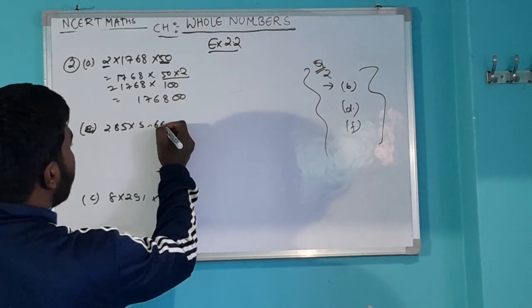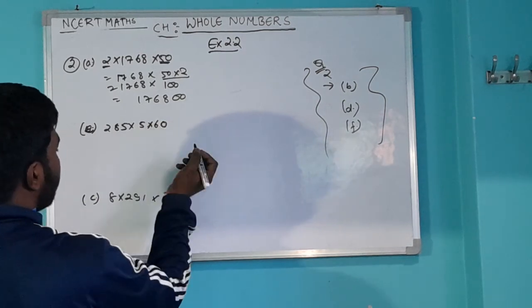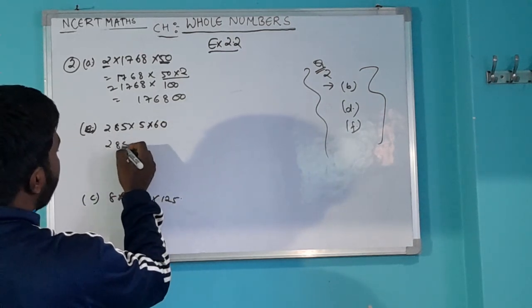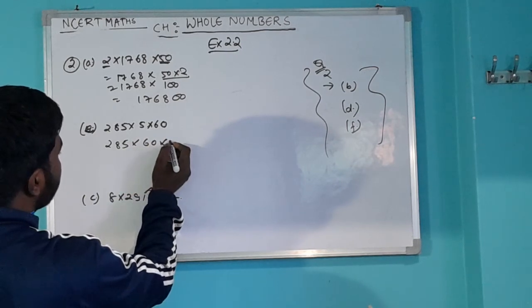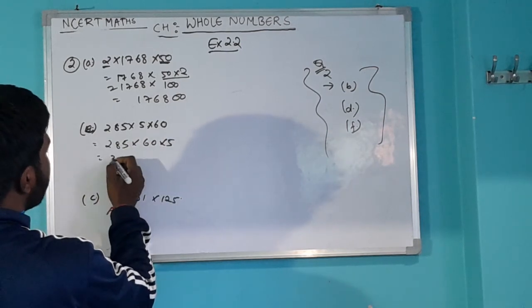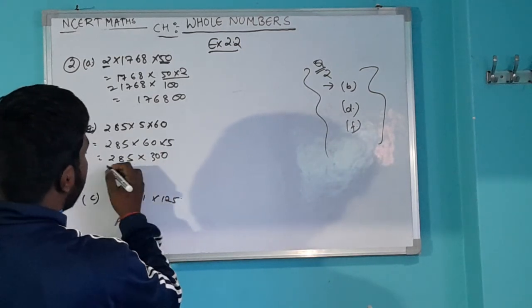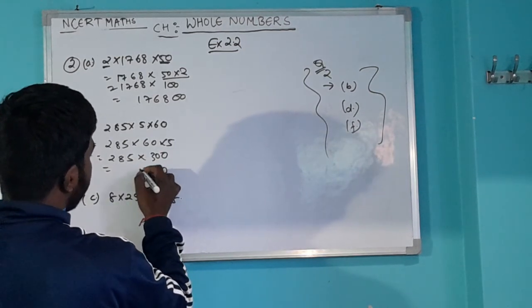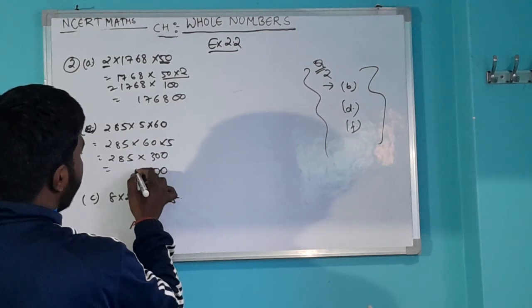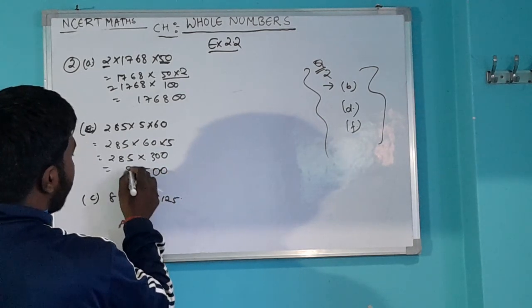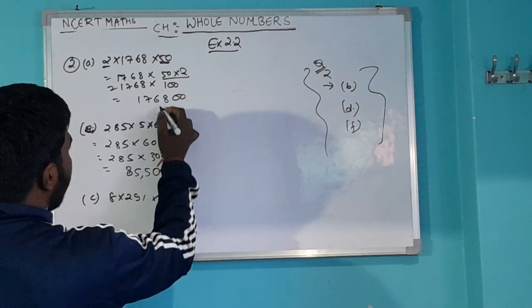For this one, we again have 5 into 3, so we again multiply the small numbers first, and we apply three zeros. The commas are according to the Indian system.